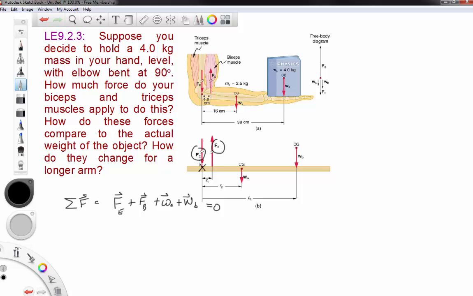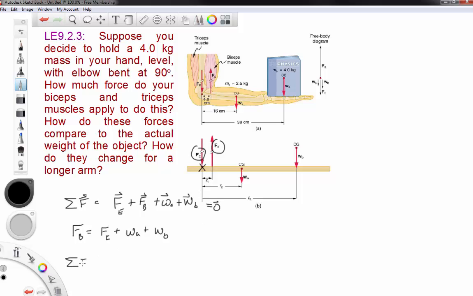And looking at which direction each of these forces act in, we can basically say that the force on the elbow and the weight of the arm and the weight of the book should be equal to the force on the bicep. So force on the bicep is equal to force on elbow plus force from the weight of the arm plus the force from the weight of the book. So that is our first condition.